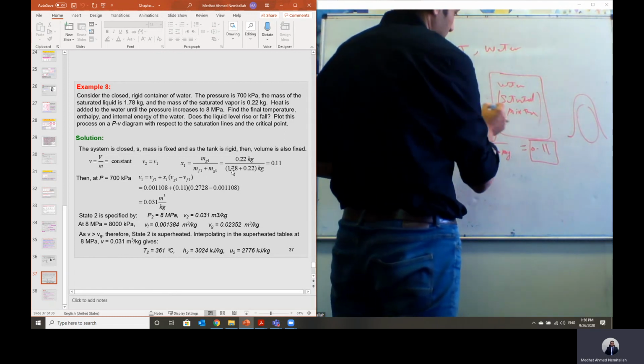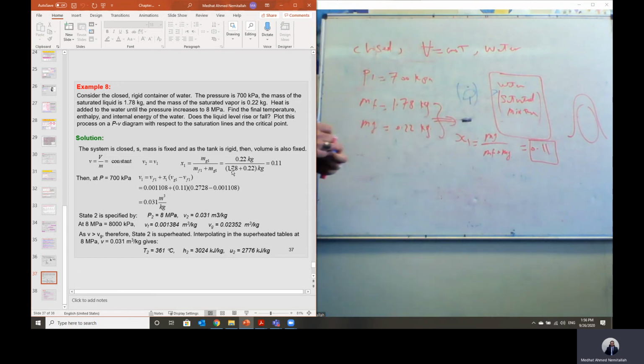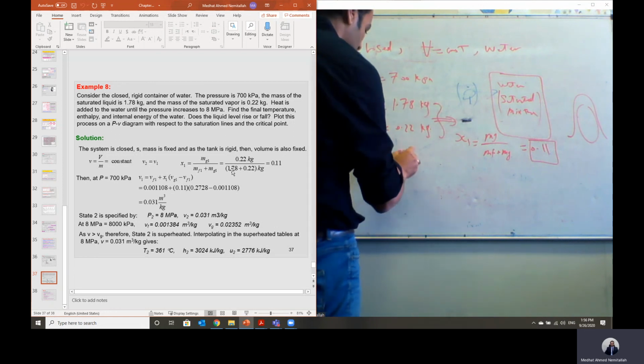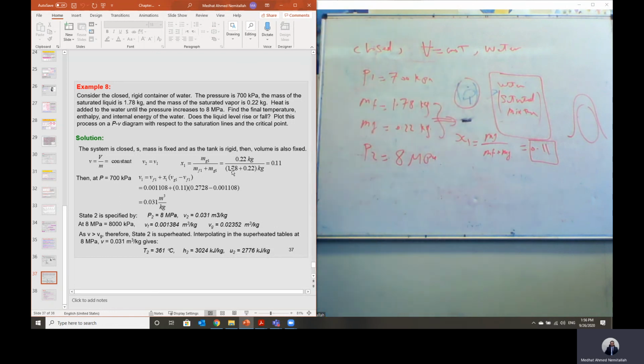Let's say we add heat. The rigid tank is closed, so when we add heat in this case, the volume will remain constant. But what will happen to the pressure? The pressure P2 here is given as 8 megapascal, after adding heat in this case.